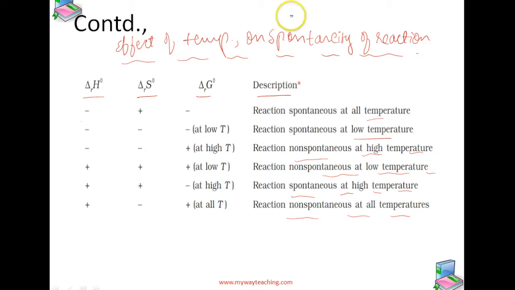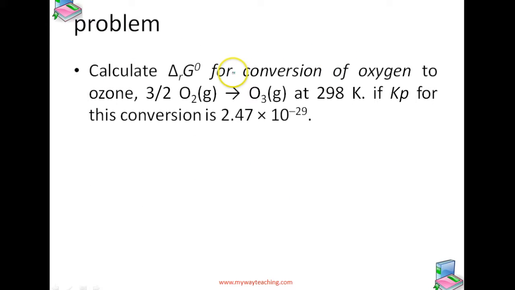Next problem. Calculate the delta R G standard for conversion of oxygen to ozone at 298 Kelvin, if Kp for this conversion is 2.47 times 10 raised to minus 29.